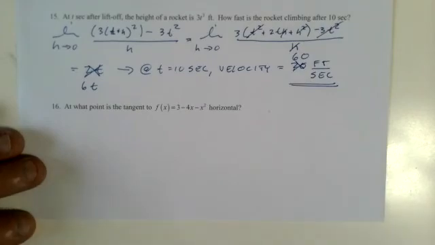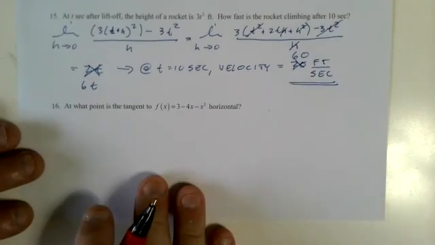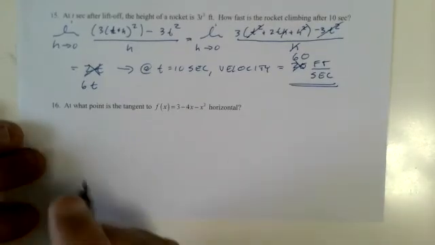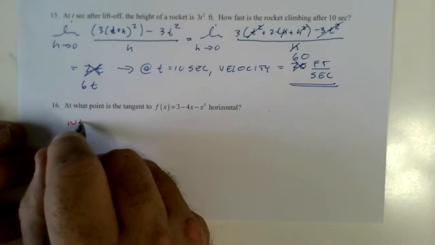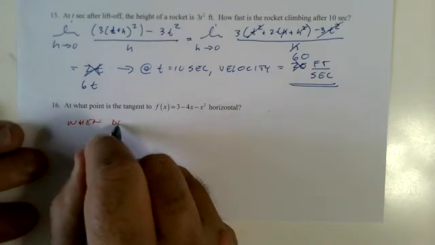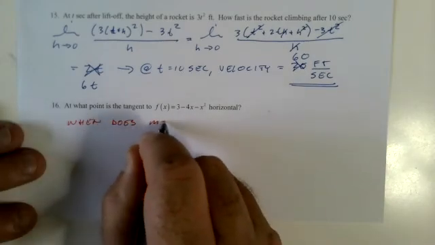Well, mistakes happen. At what point is the tangent horizontal? So when does m equals 0?